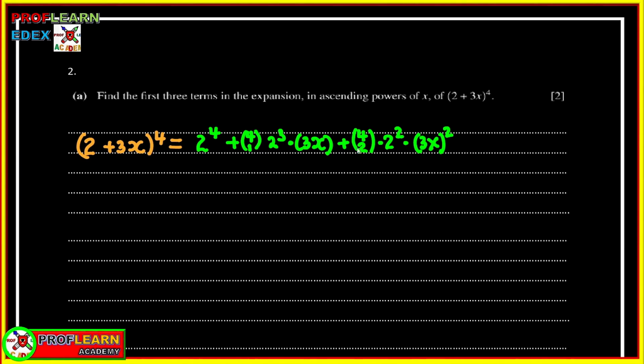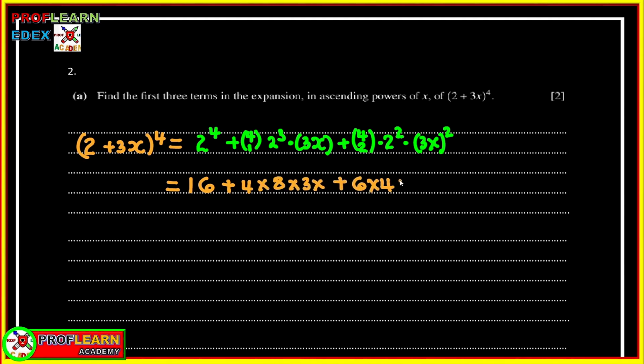Since we are finding the first 3 terms, we need to stop here so that we can simplify whatever we have. We can put this in a calculator. 2 raised to power 4 is 16. For 4 combination 1, I put this in my calculator, then multiply by this 8.